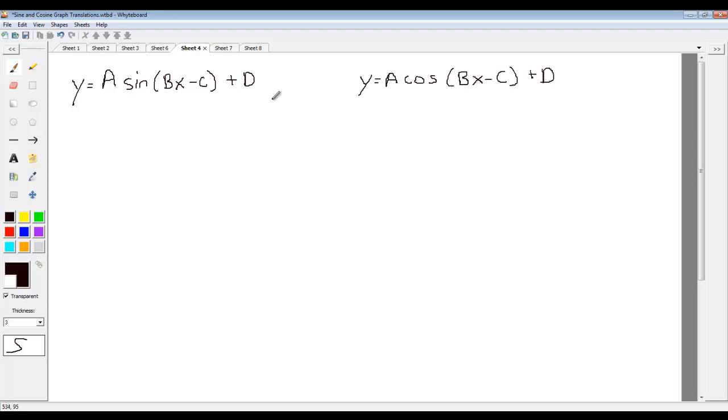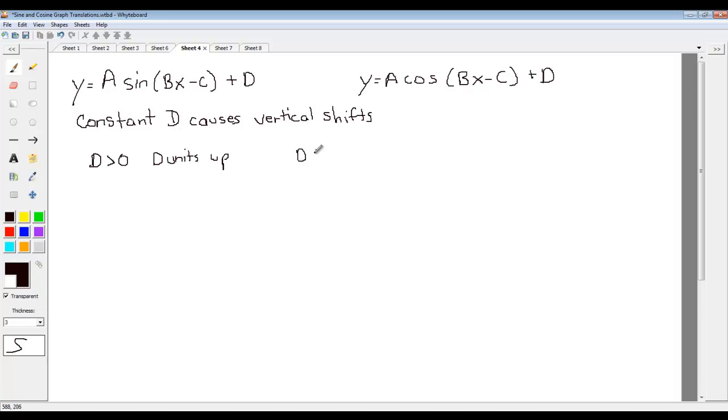The constant d causes vertical shifts. If d is positive, you're going to shift d units up.